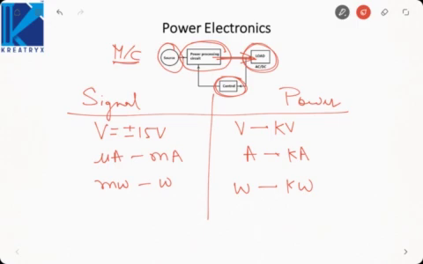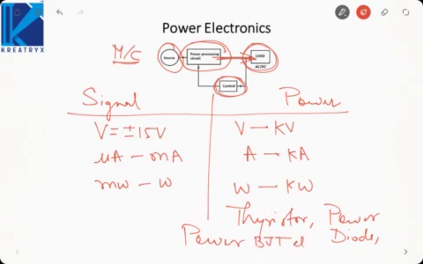That is how different power electronic converters are implemented, and some of the power semiconductor devices are thyristor, power diode, power BJT, etc. Whatever devices have their signal counterparts will be associated with one additional term, that is power. Diode will become power diode, BJT will become power BJT.